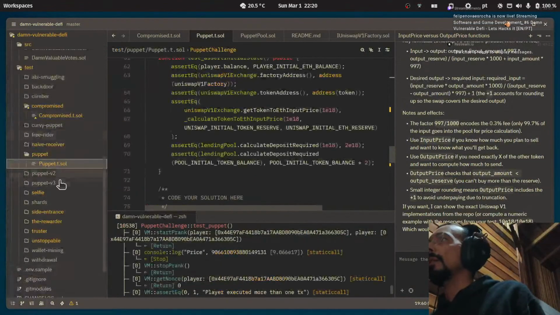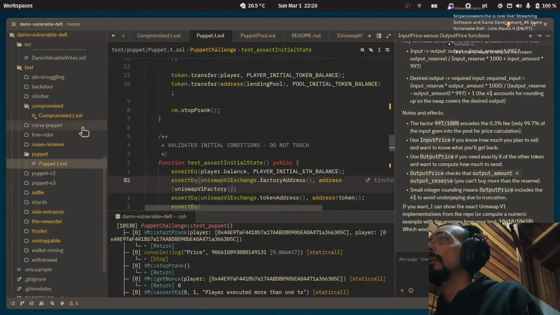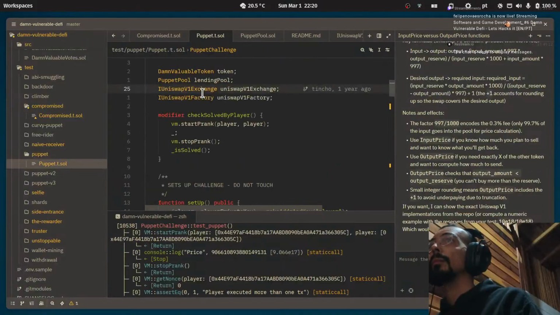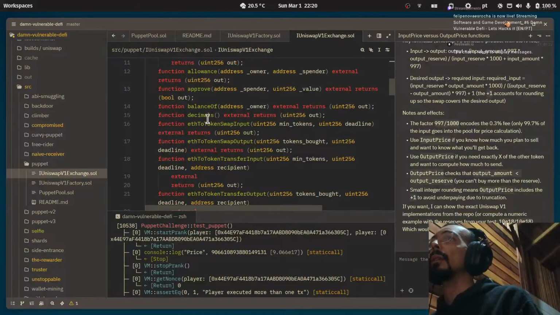They have the interface here. We can check, for example, if that function exists. You can see these: Ethereum to token swap input, minimum tokens, swap as Ethereum, and the deadline.